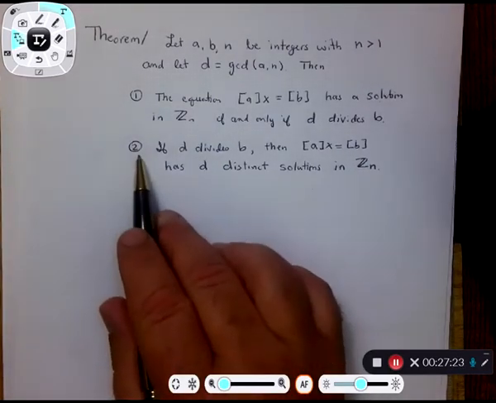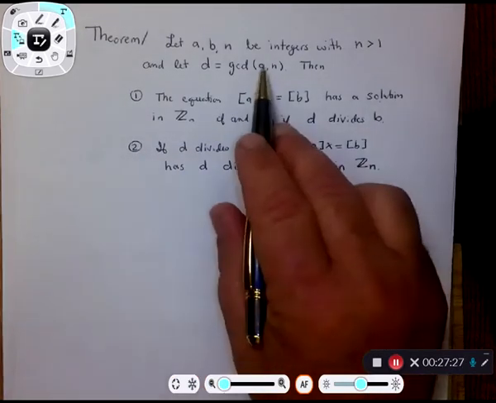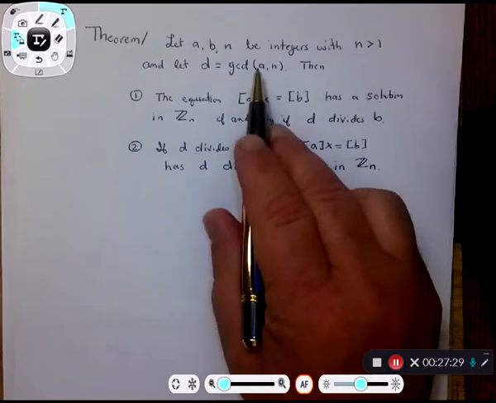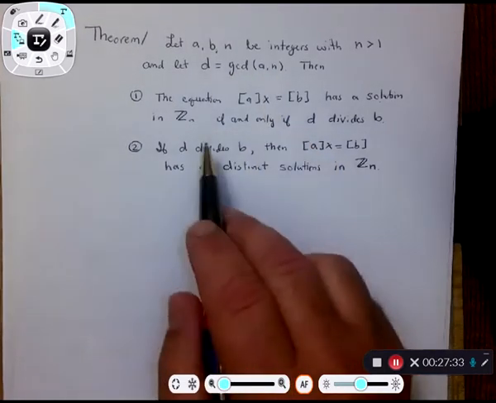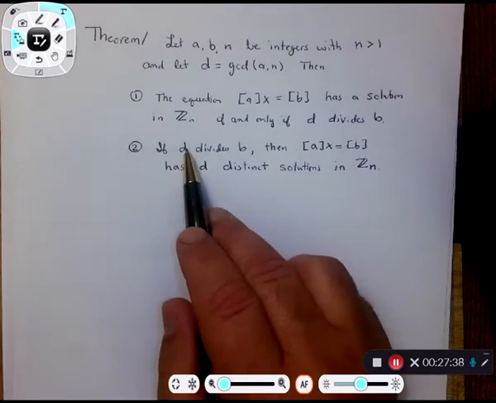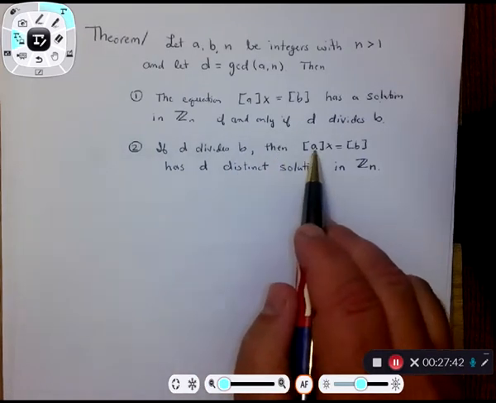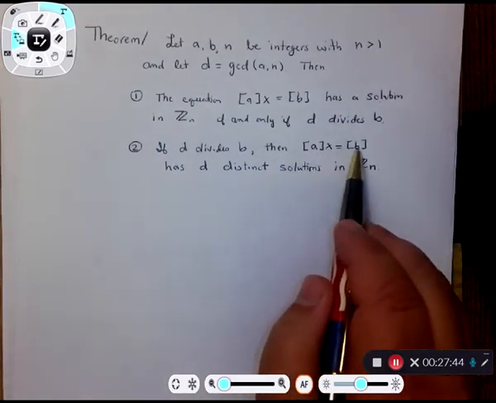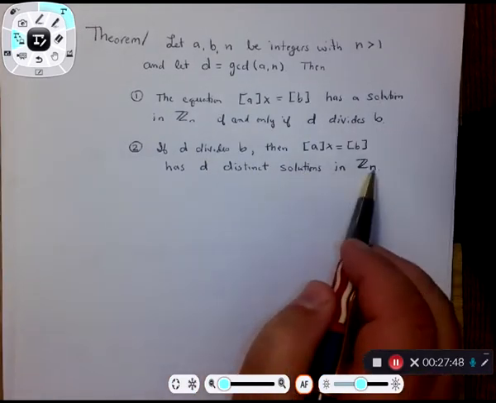Number 2 says this. If D, which is, remember, the GCD of the coefficient in front of the X and the mod number, divides B, then [A][x] = [B] actually has D distinct solutions in Zn.